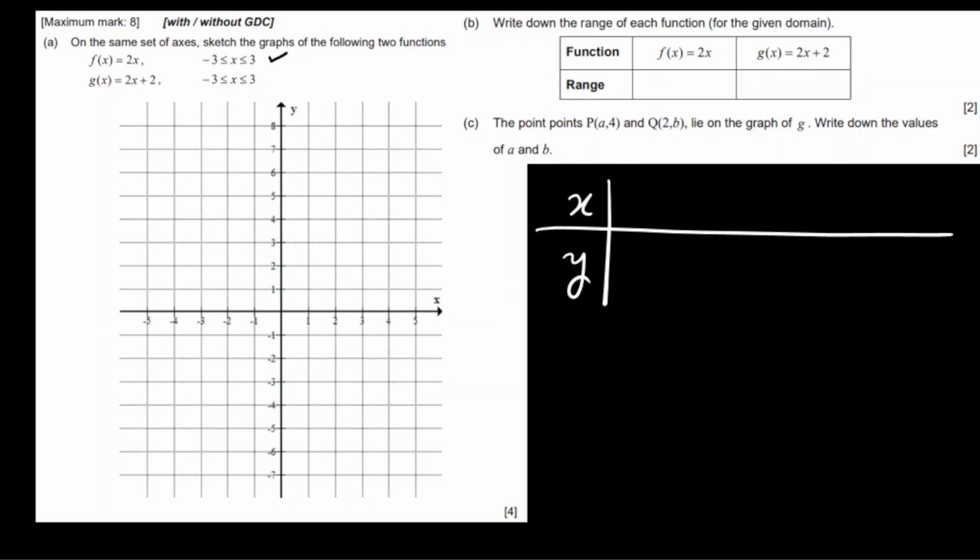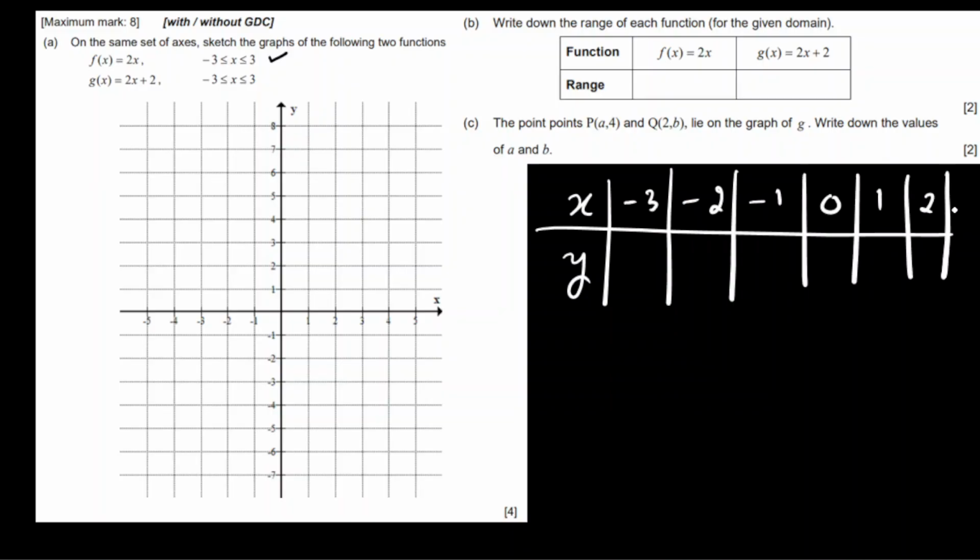I will take integers within this range of x. So minus 3 I'll be taking, then minus 2. Some 4 to 5 values are good if we take for plotting a graph. So these are the values of x I'll consider, and corresponding to these we will find the values of y.